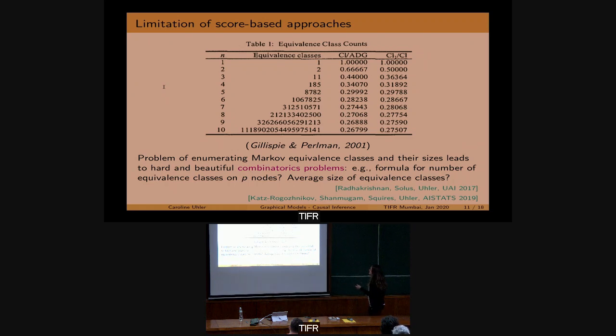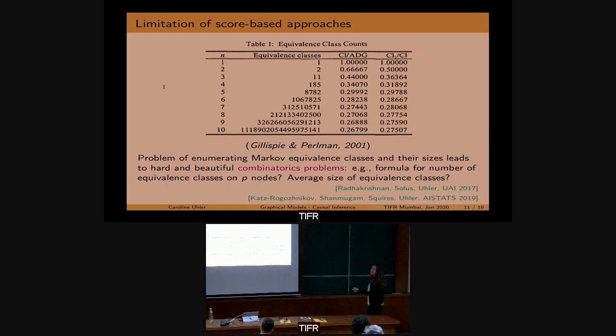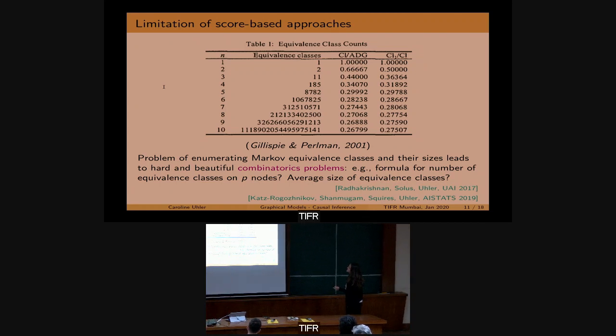Now, this is already a nice conjecture, and one should actually prove something like this. But I think what is more important to prove are these kinds of numbers, which were also reported in a really nice paper by Gillespie and Perlman, where they look at the number of equivalence classes divided by the total number of DAGs. This asks what is the expected size of a Markov equivalence class.